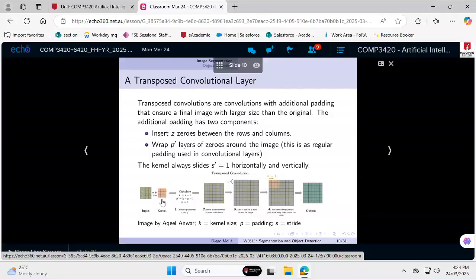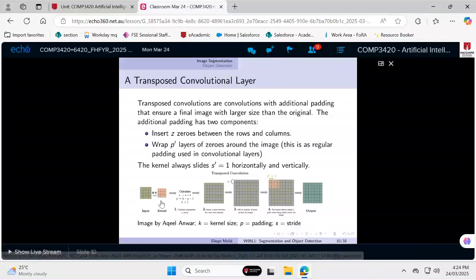So a transpose convolution then is going to, given some stride and padding, S and P, calculate a new value for the stride and padding so that this becomes bigger. And I didn't quite say it right. The stride on the transpose convolution is going to be always 1 by definition.